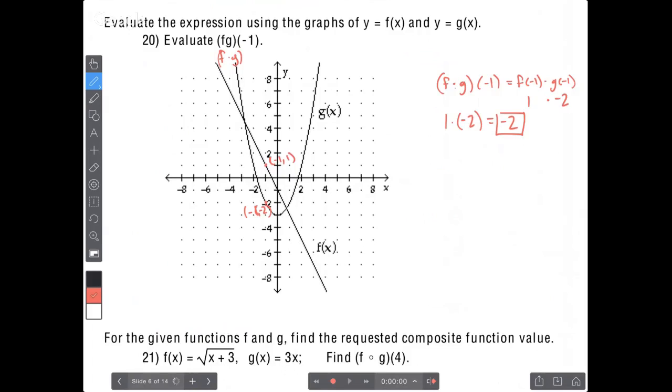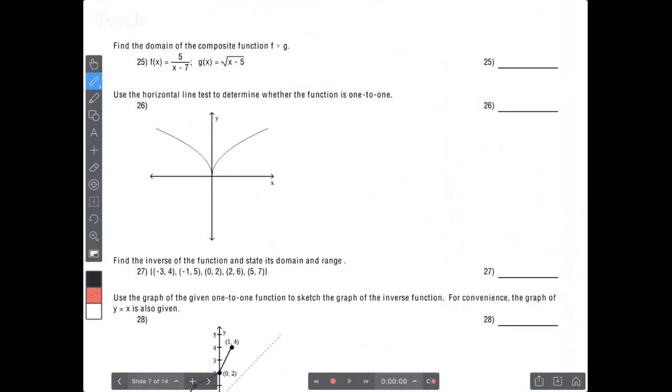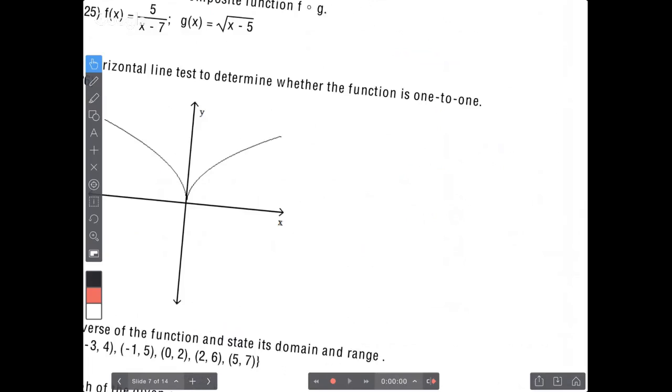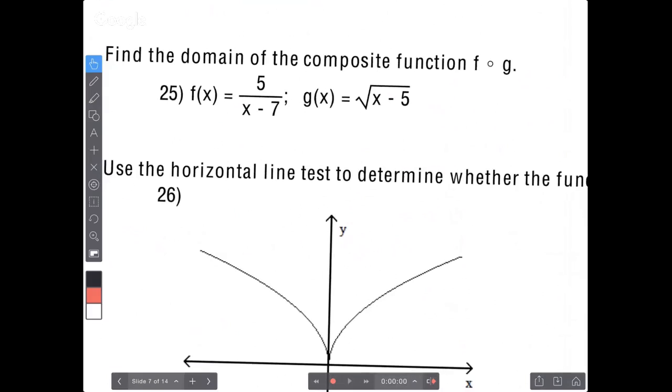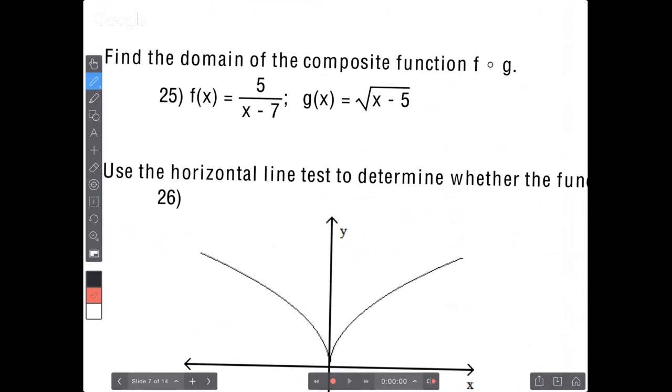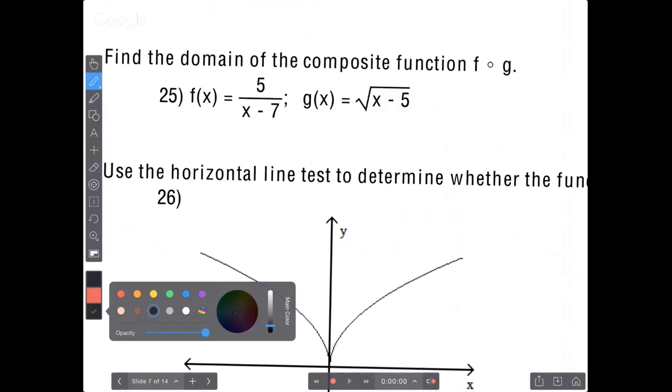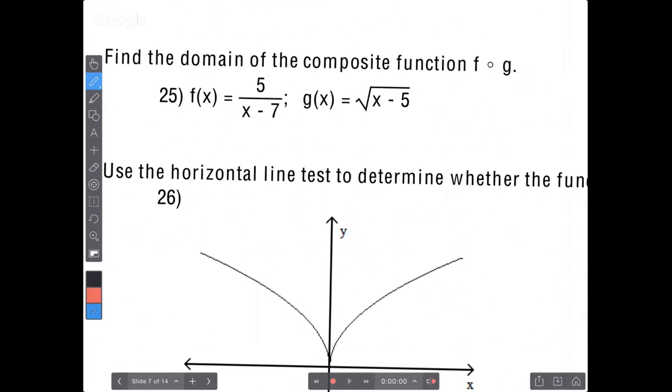All right. 25. Find the domain of the composite function f of g. So we should be able to compose functions and then think clearly about their domains. So what is the composite function f composed with g? Well, f composed with g of x, in other words, f of g of x, is equal to, take 5 and plug in g.